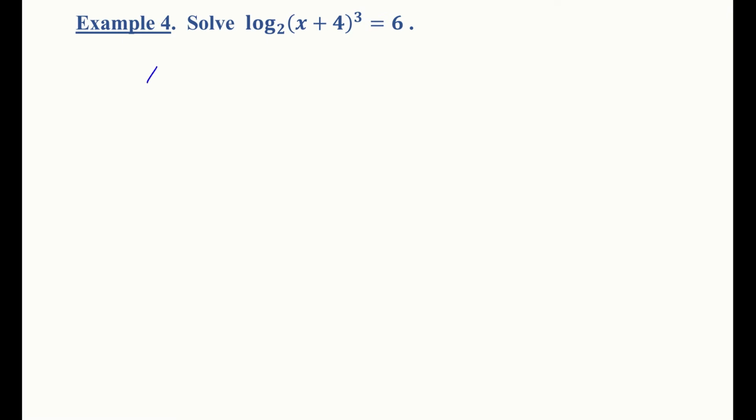So we know that the argument goes on one side by itself, and then you set up the power. Remember, the base remains the base, and of course all of the logarithm becomes the exponent, so 6 goes up here. So now, because we have a cube here and we want to get this x plus 4 out of that cubic situation, we can take the cube root of both sides.